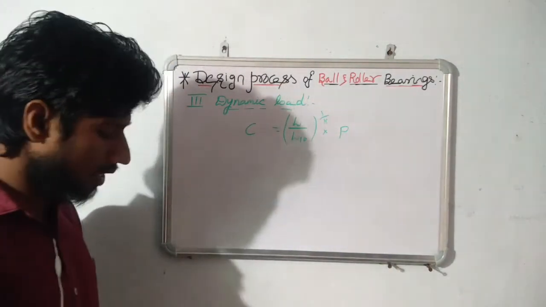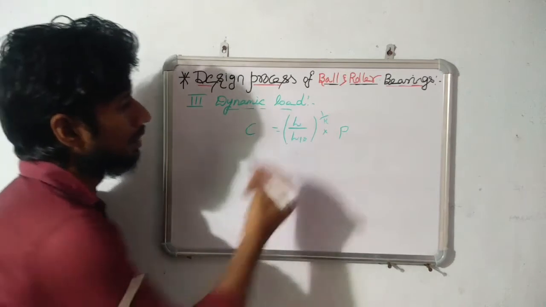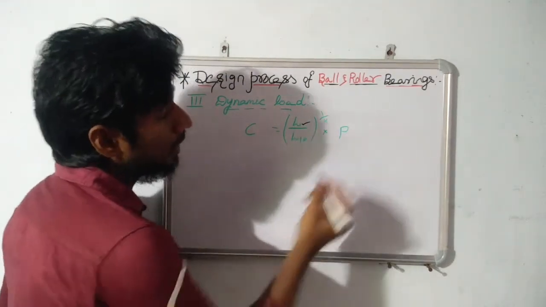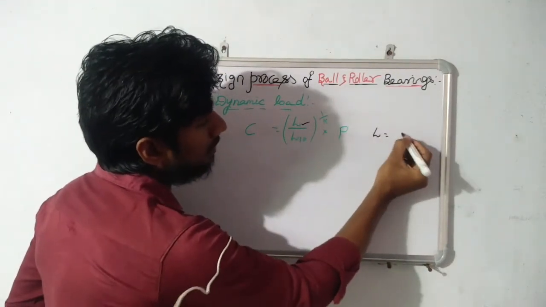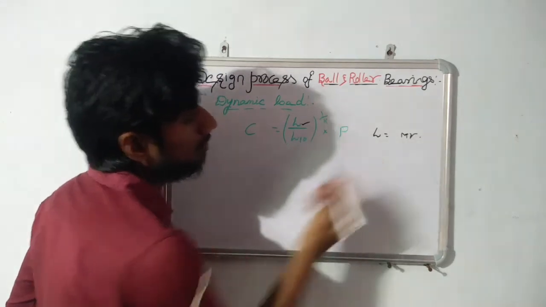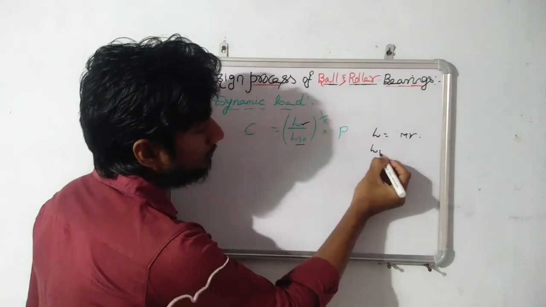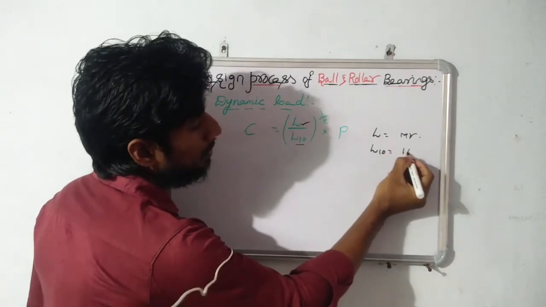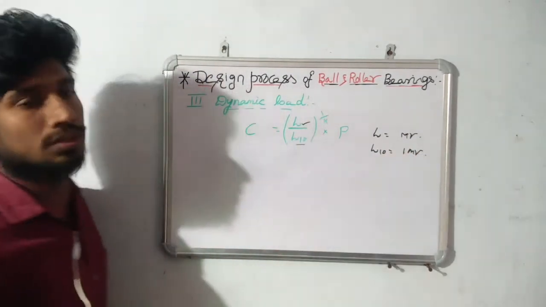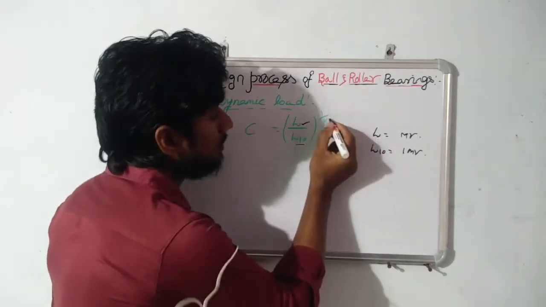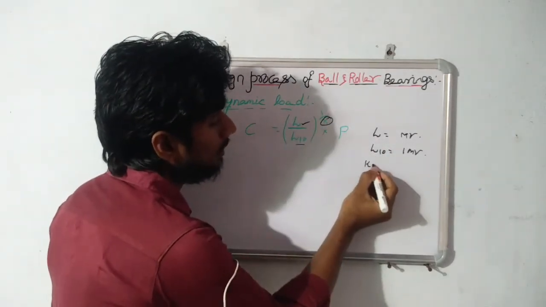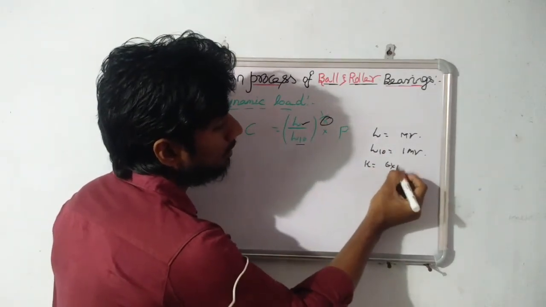So let's see what are the terms involved here. Here we already know L is the life of bearing in million revolutions. And after that, L10 indicates 1 million revolutions. Okay, and next, what about the K? That K is the exponent here.